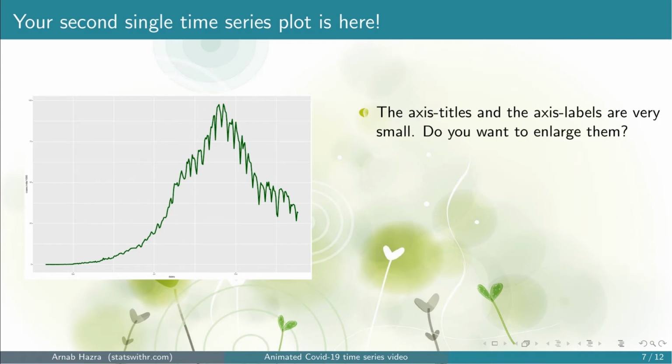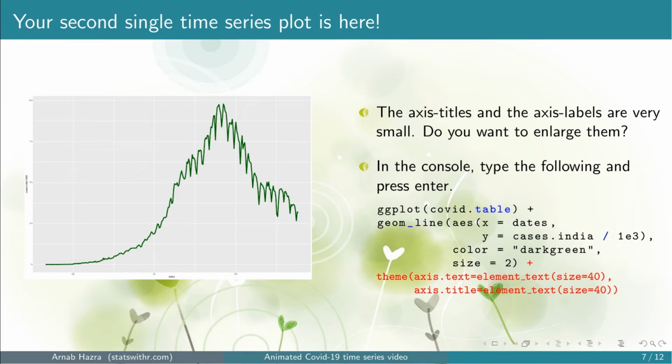Next, note that the axis titles and the axis labels are very small and you might want to enlarge them. To do that, add theme within brackets axis.text equals element_text(size equals 40) and axis.title equals element_text(size equals 40).